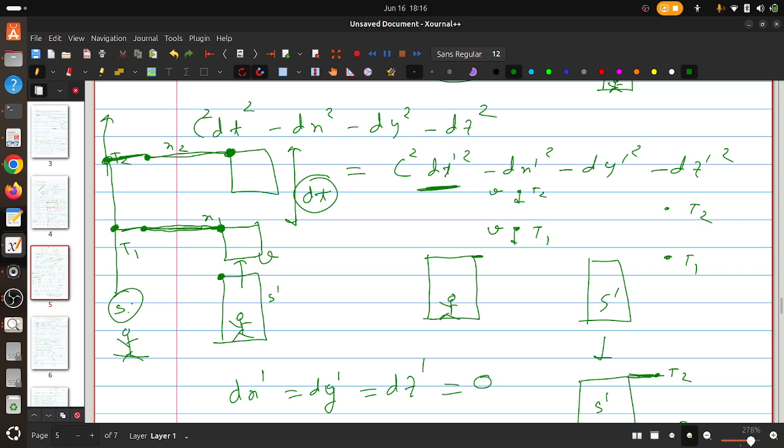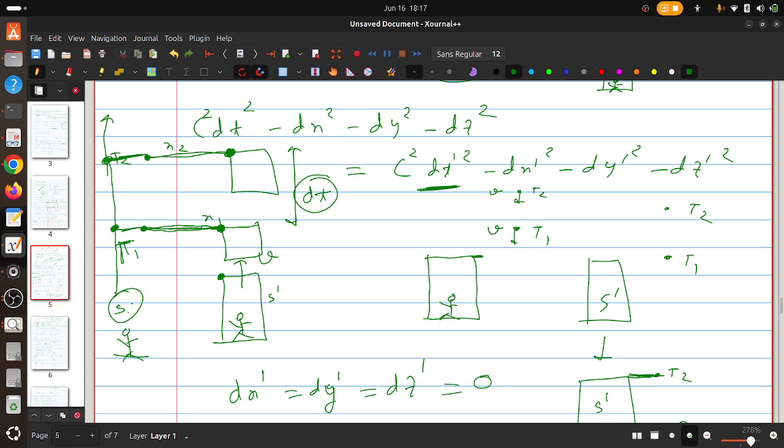With respect to the S prime frame, the car is static, but the trees are moving towards him. That's how relativity works. I am defining the events with these trees, called T1 and T2. So there are two trees.